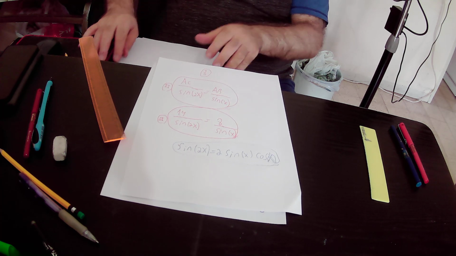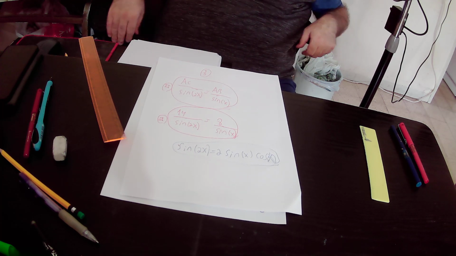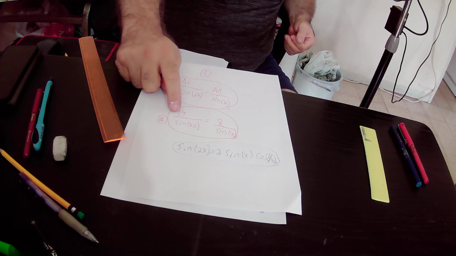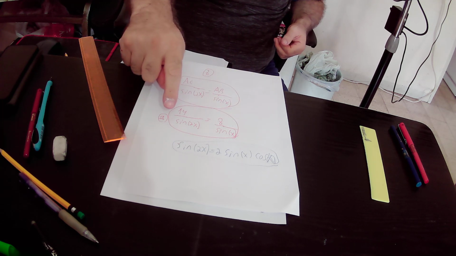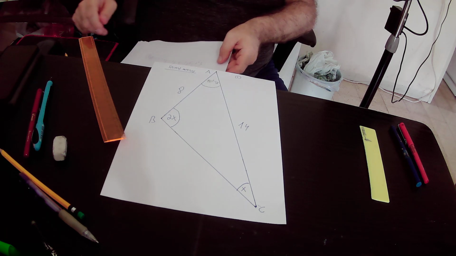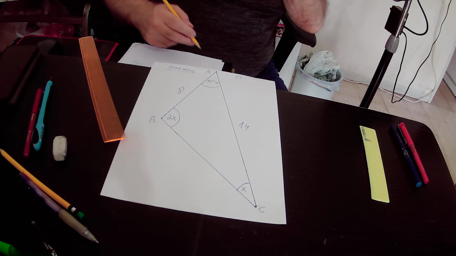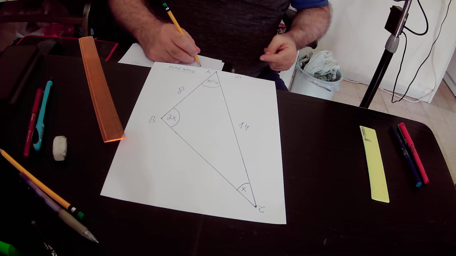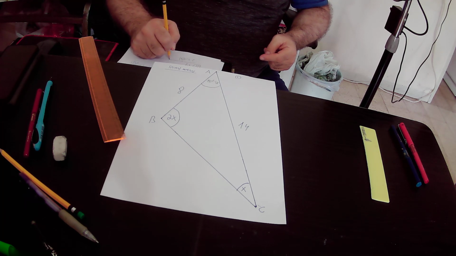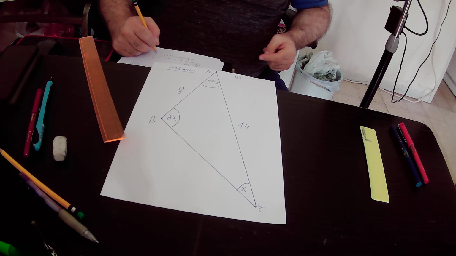The trigonometric identity states that the value of sine 2x is 2 sine x cosine x, so we can substitute sine 2x by 2 sine x cosine x. So we will get that 14 over 2 sine x cosine x equals 8 over sine x.